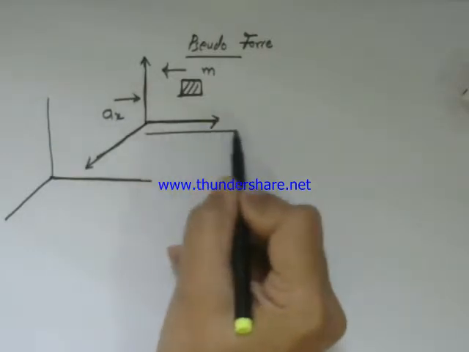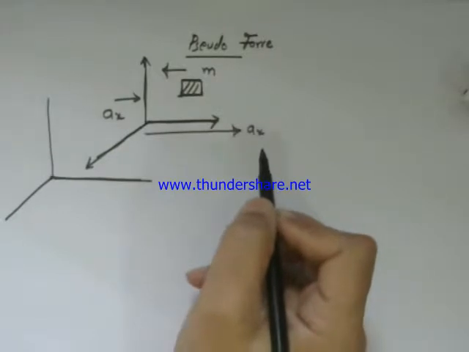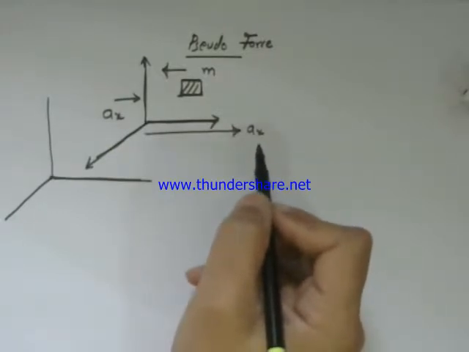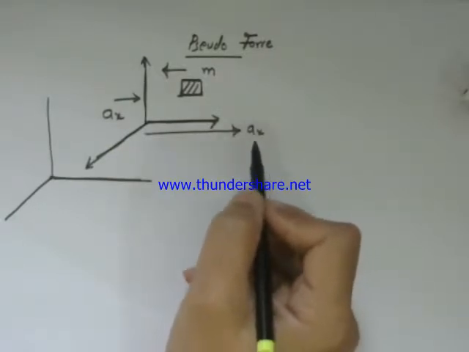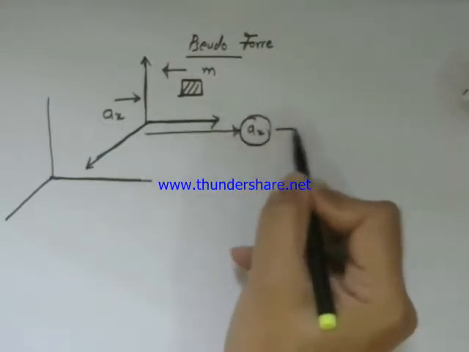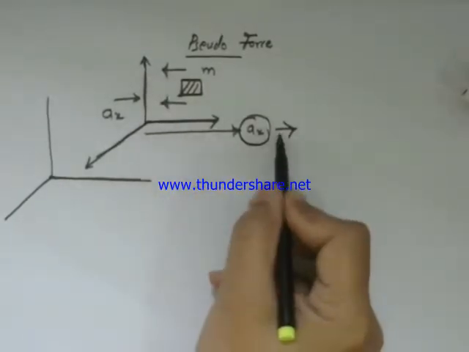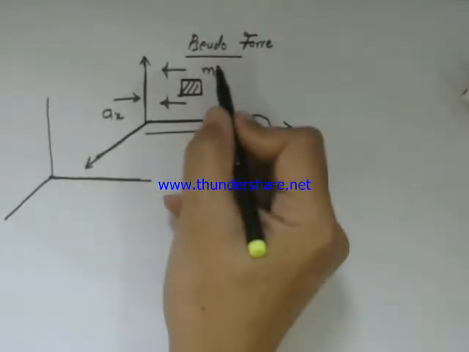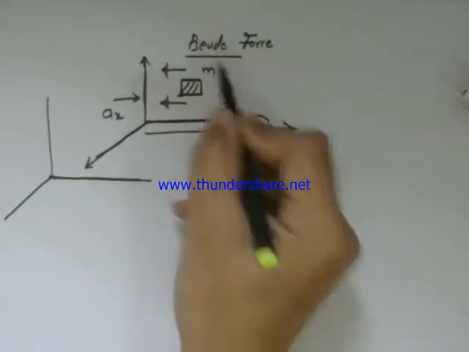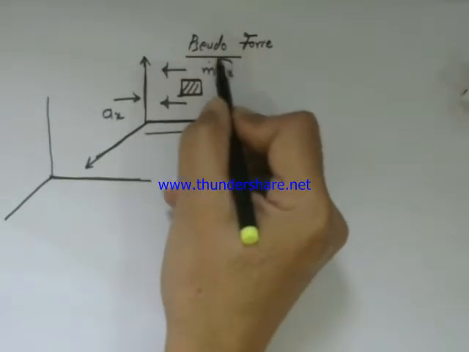Like the reference frame was accelerating in this direction, and the pseudo force will be in the opposite direction to the acceleration. Means if the direction of acceleration is in this direction, the pseudo force will be in the opposite direction to this, and it is the mass times the acceleration of the frame, so max.